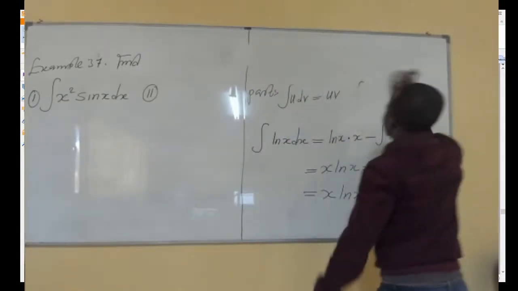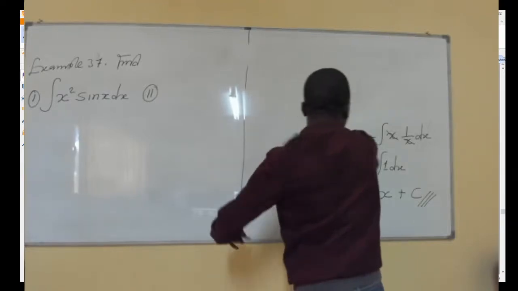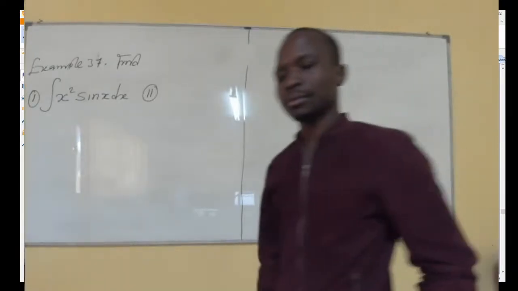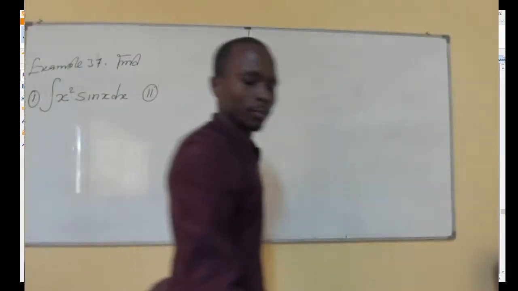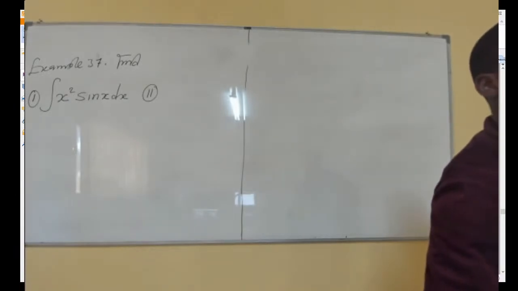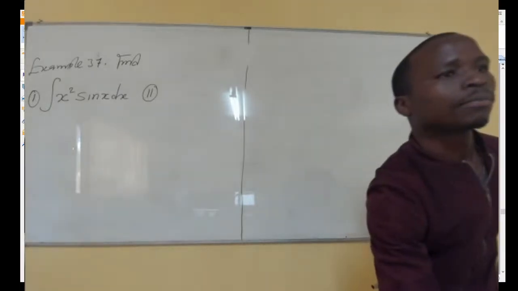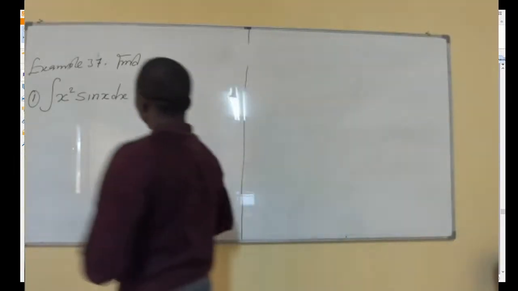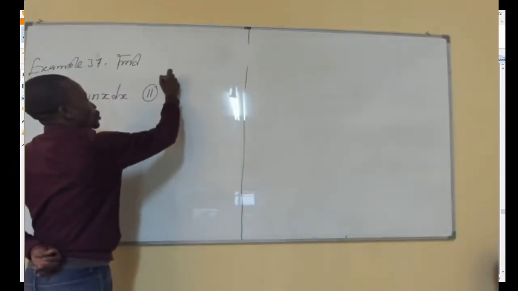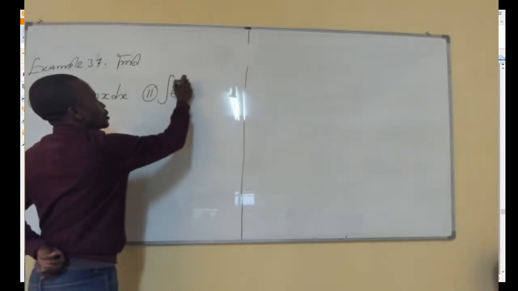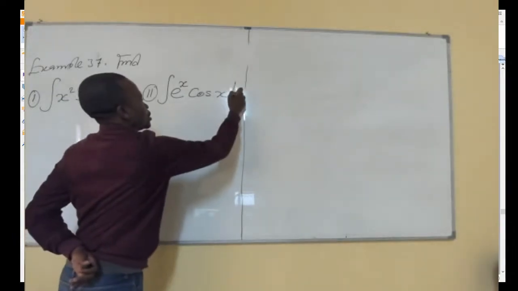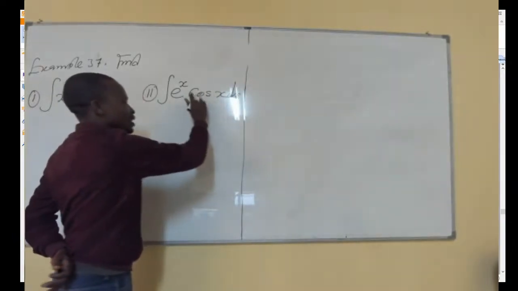The second one, which will be the last one of our session today, the last one under integration by parts, is the integral of e to the power x times the cosine of x dx. This is what is in your notes?